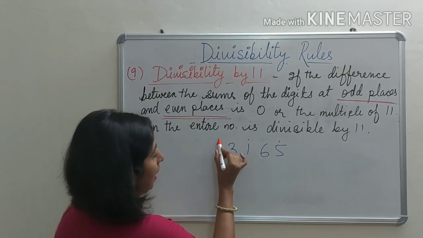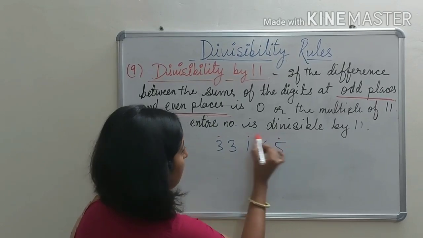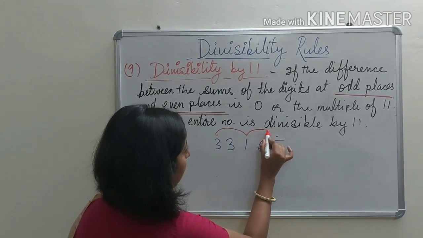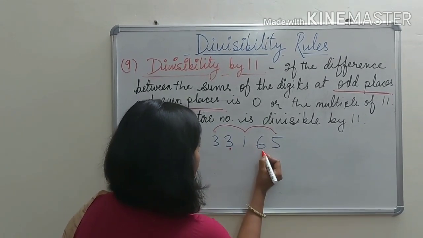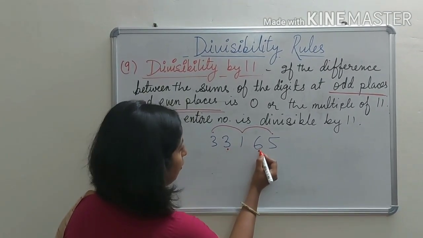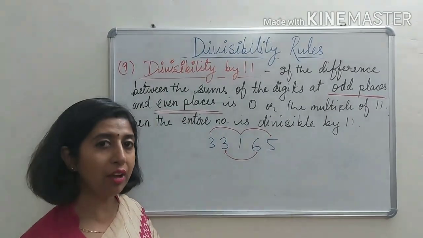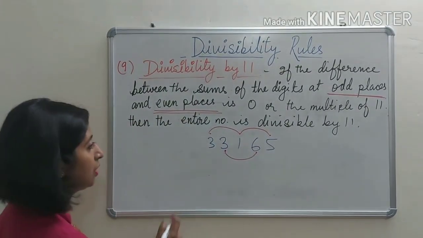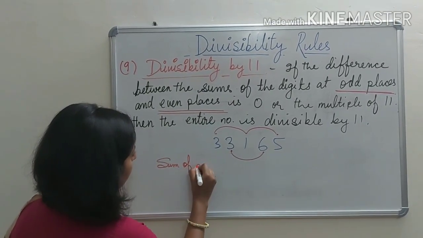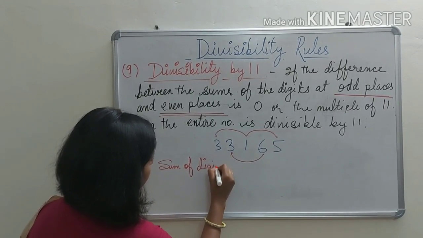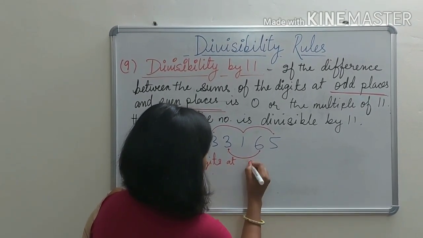The digits which are on first place, third place and fifth place, these digits are at odd places, and the rest of the digits at second place and the fourth place, these are at even places. Now we have to find out the sum of these digits. Sum of digits at odd places.